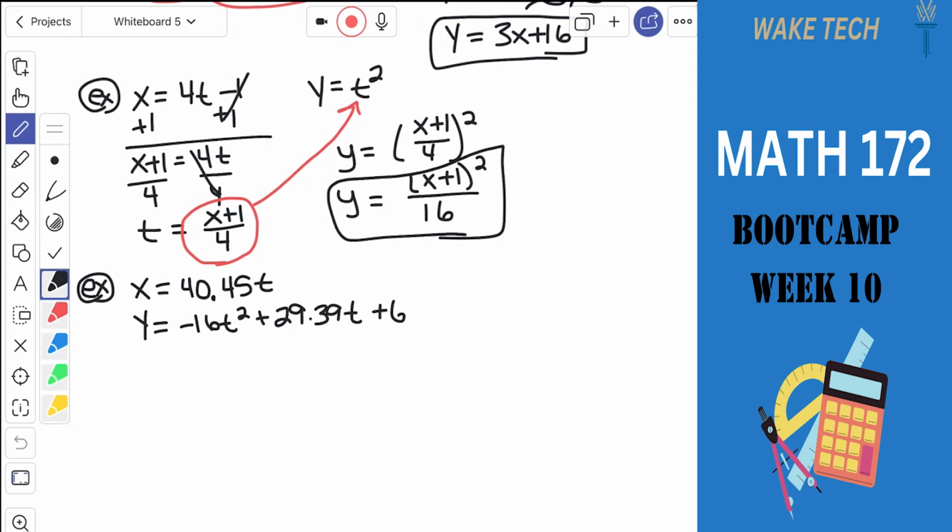So what's going on is that a ball has been thrown through the air, it has this initial velocity, it has the angle that it was thrown at, but ultimately we're given this pair of parametric equations that model the position of the ball. So this x equation models the ball's horizontal distance.